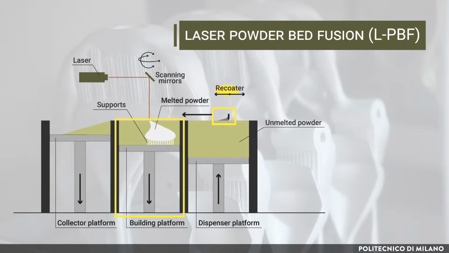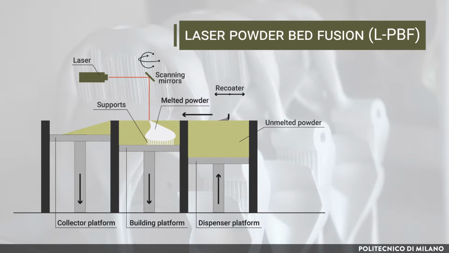Either a recoating blade or a roller uniformly spreads a layer of fresh powder from the powder tank to the top of the building platform or on the previously melted layer. Then the powder is selectively melted, the platform moves downwards, and the cycle is repeated until the build is finished.